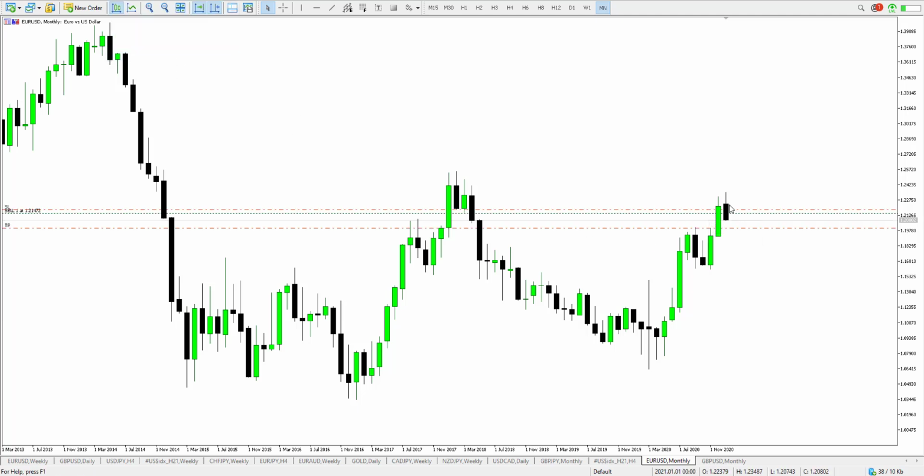You can see I shorted EURUSD here right around 1.2128, 1.2147. That's where my short entry is on EURUSD, and I'm hoping to hold that position for a couple of days. If the market allows, I'll be holding the position for a couple of weeks.